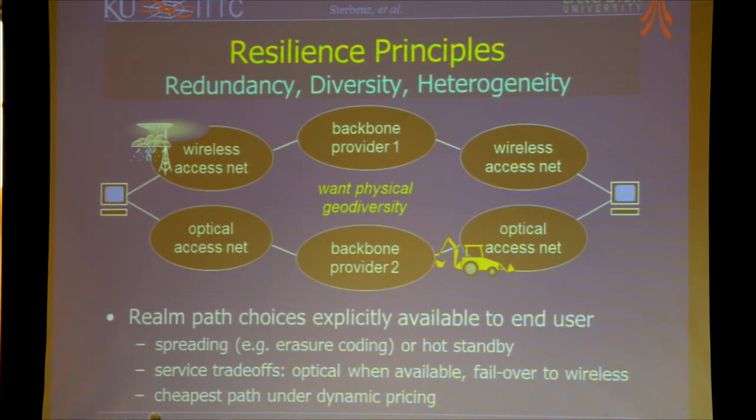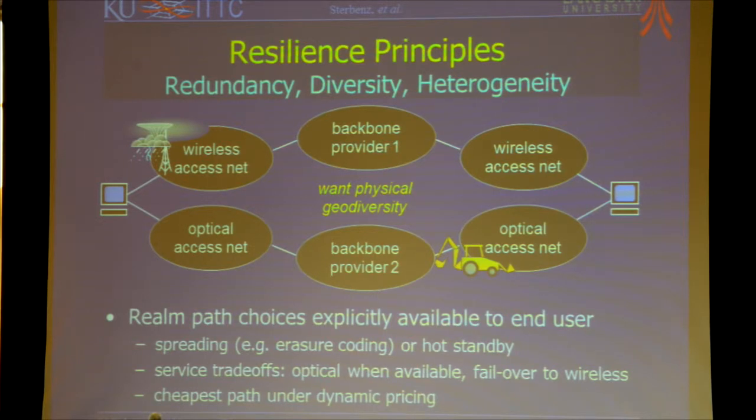There are a set of principles that go along with this, and three of the most important ones are redundancy, diversity, and heterogeneity. For example, if I have two entities communicating at opposite ends, I want multiple paths, so clearly I want redundancy. I want those paths to be diverse. I would like them to be diverse geographically. That was mentioned earlier. We don't have the information for that now. We're working on a routing algorithm that includes geolocation as part of the link state.